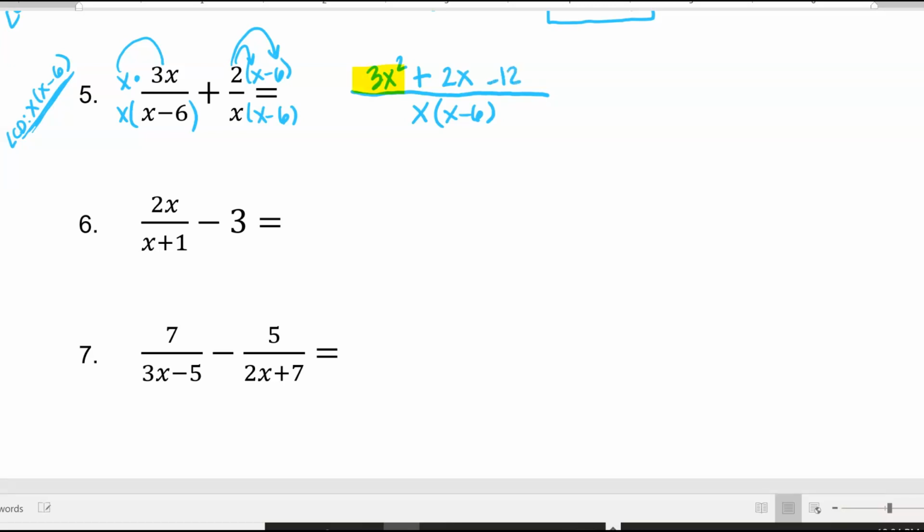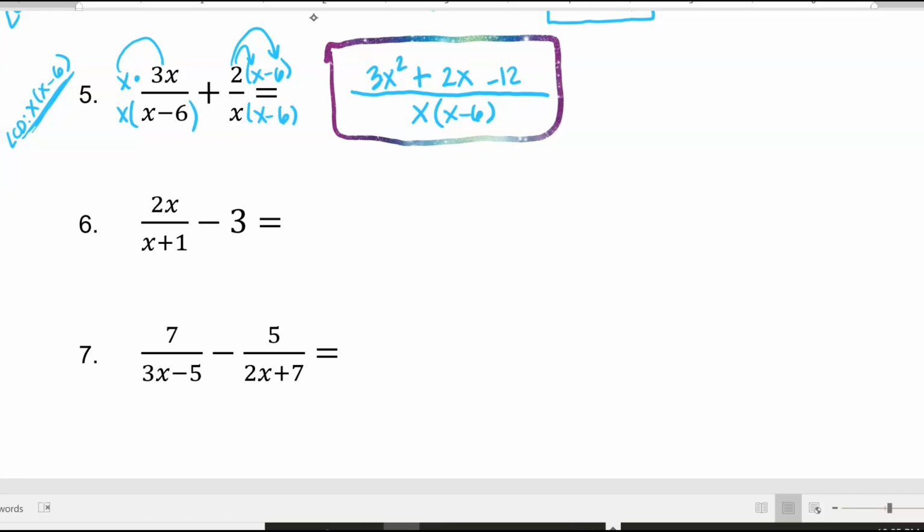And what do we have here? Lo and behold, we have a trinomial that could potentially be factorable, right? So you need to attempt that to see, using the AC method, whether this is factorable. You would have to multiply this 3 times a negative 12, and eventually you will see that this is not factorable. So this is the answer, because it's not factorable.